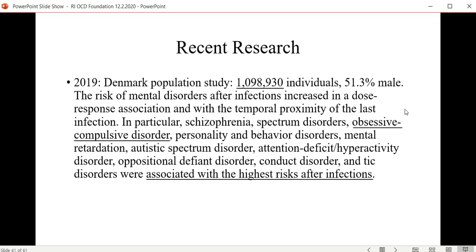They saw that if you had an infection, i.e., you got a prescription for an antibiotic or a treatment for an infection, you had a much higher rate than the average citizen of having a psychiatric illness after. Now, we've seen small studies like this, but I will tell you, this study blew people out of the water, because look at the number that this measured. This is irrefutable evidence that mental health and infection are connected.